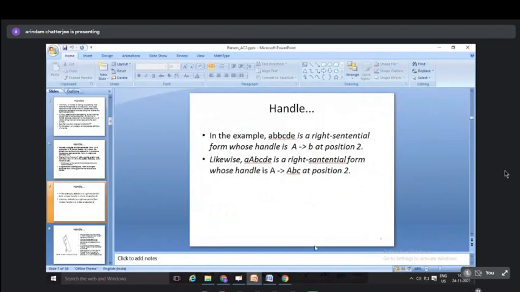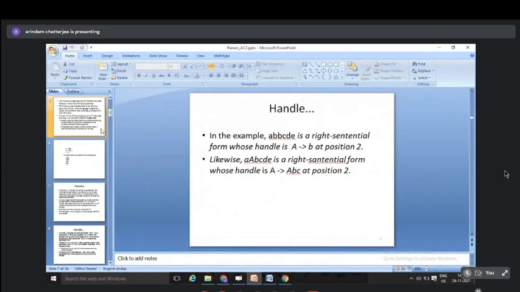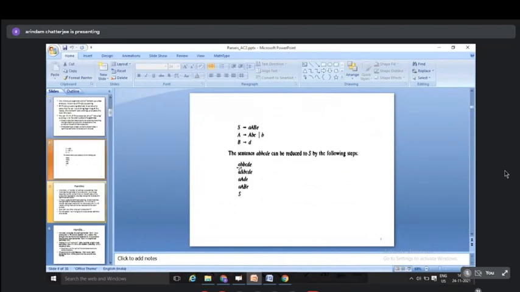Now, if we come to this example right here, from a, b, b, b, c, d, e, we had reduced to a, capital A, b, c, d, e, then a, capital A, d, e, then a, capital B, small e, and then S. This was the derivation.